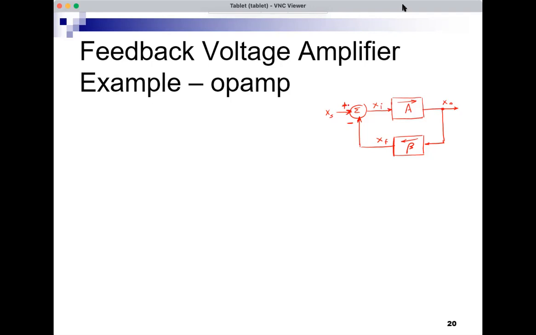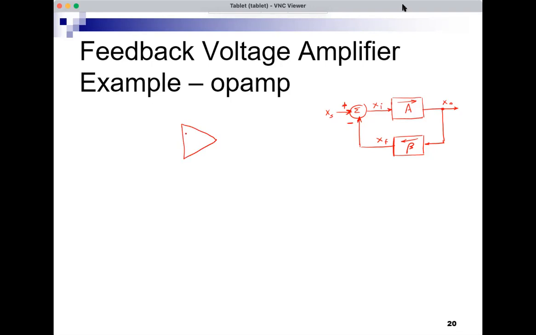Because I need a plus and a minus, I need to subtract two signals and produce something, an xi as a result. Maybe I can use an op-amp. An op-amp can do this.